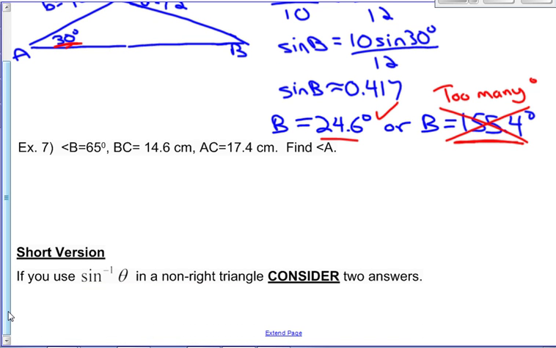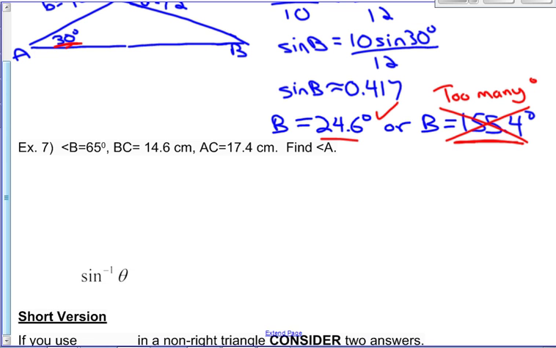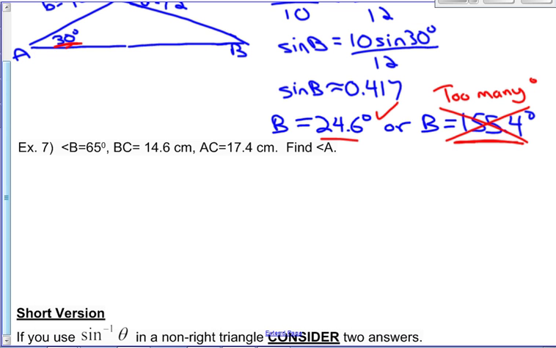Here's the last one we'll take a look at. It's just a difference in notation. So say we have angle B is 65. And then we say side BC is 14.6. I always cross this out and call it little a. Big AC, that's side b. Okay, it's the letter it doesn't contain.